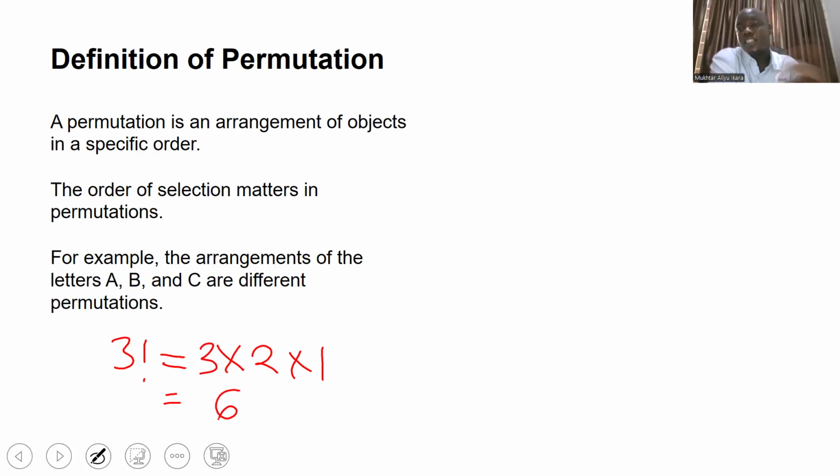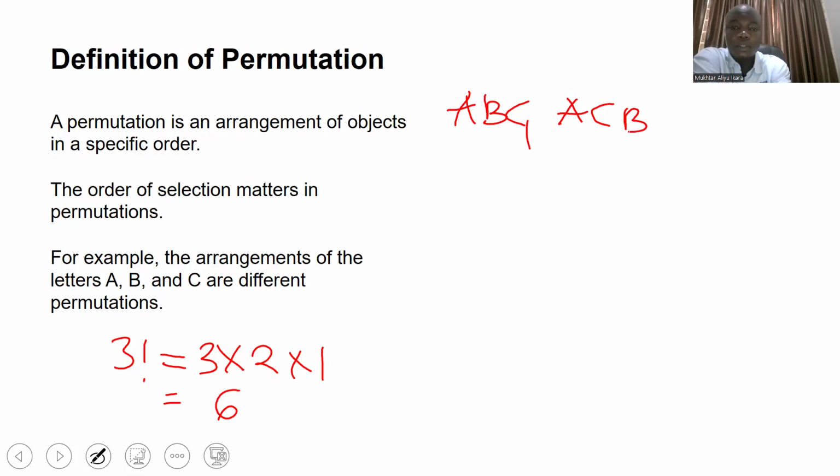And what are the arrangements? Let's see how we can arrange letters A, B, and C into 6 different arrangements. First, we have A, B, C. We can have A, C, B. So you see you started with letter A. What if you start with letter B?